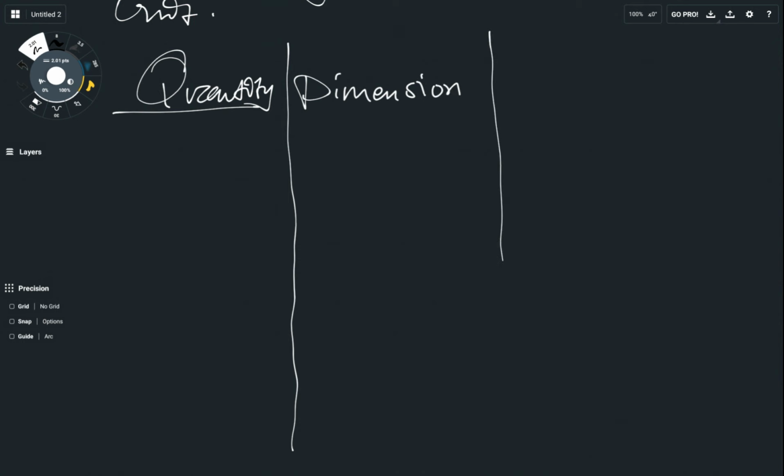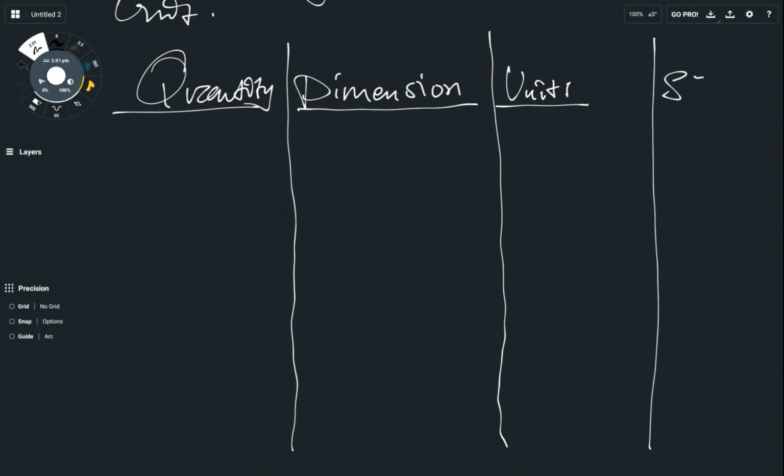The dimension is mostly put in square brackets, and also the units. I would just say unit. Let me also say SI unit. Let me say SI symbol, not unit, so that we don't get a mix up.